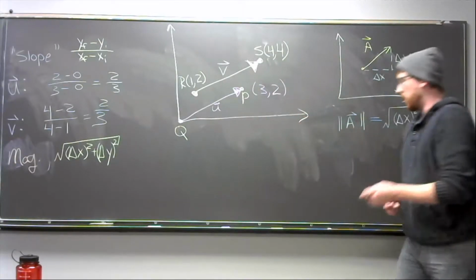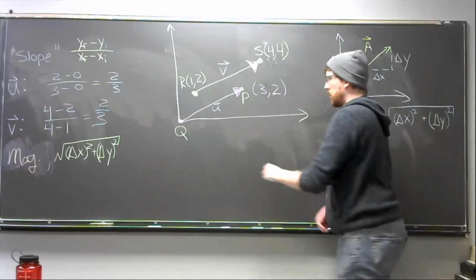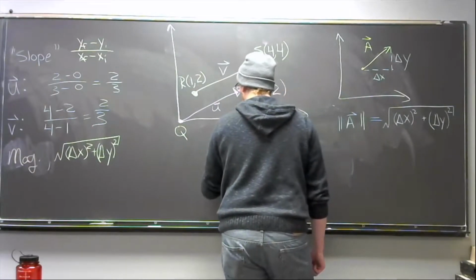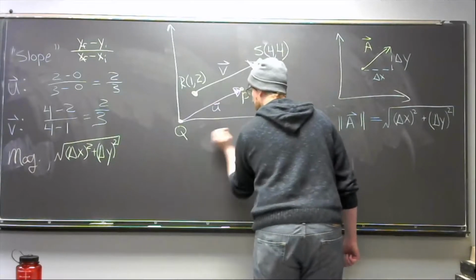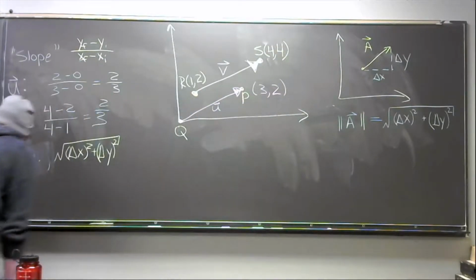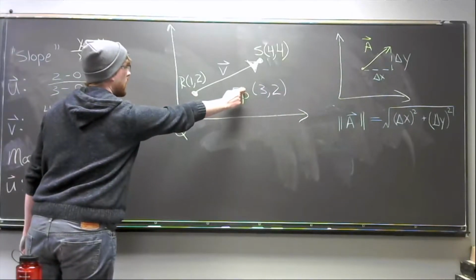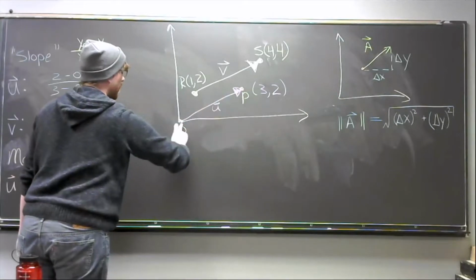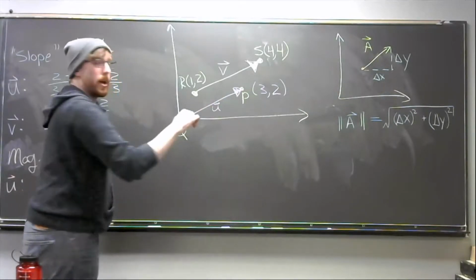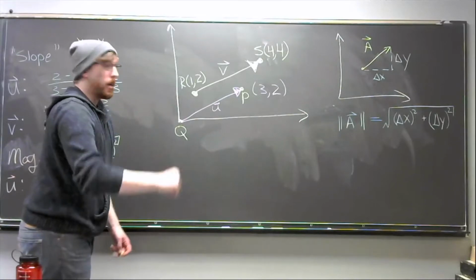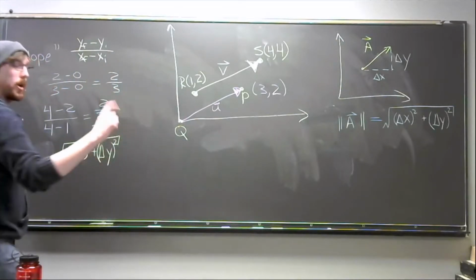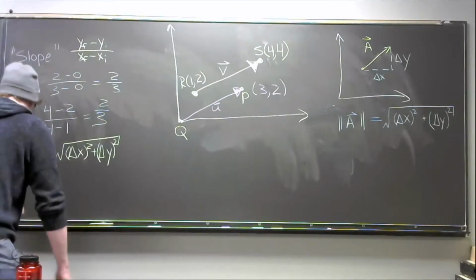Well, the magnitude of u is going to be where we ended minus where we started, in both the x and the y component. And then we're going to square those and take the square root of that.